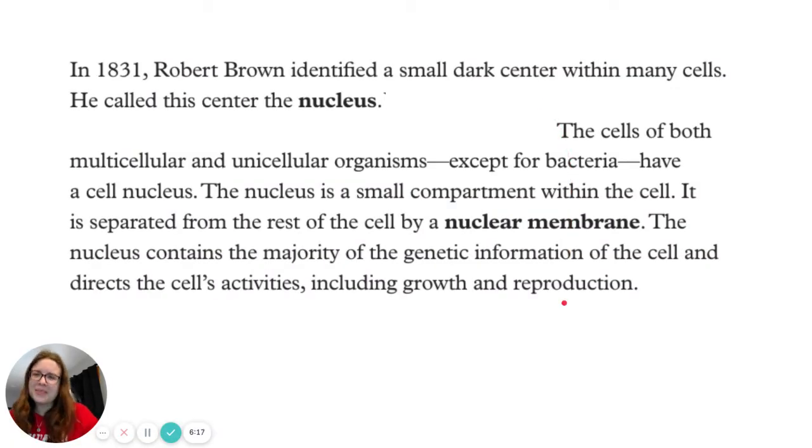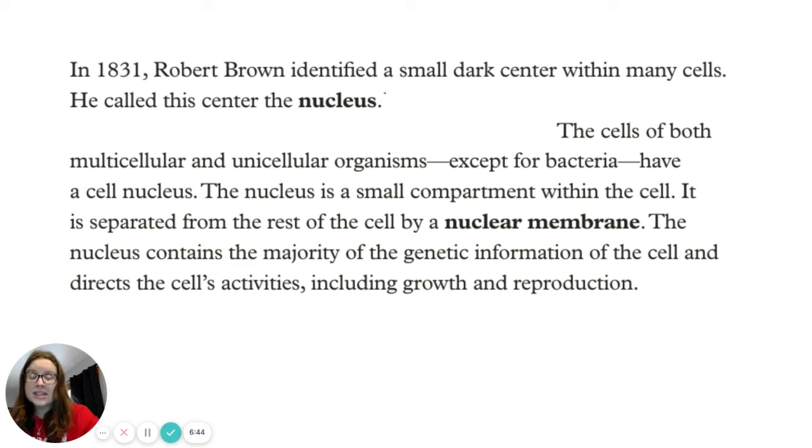Okay, let's keep reading. In 1831, Robert Brown identified a small dark center within many cells. He called this center the nucleus. The cells of both multicellular and unicellular organisms, multicellular means many and unicellular means one, except for bacteria, have a cell nucleus.